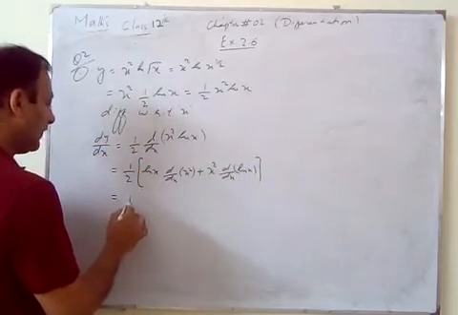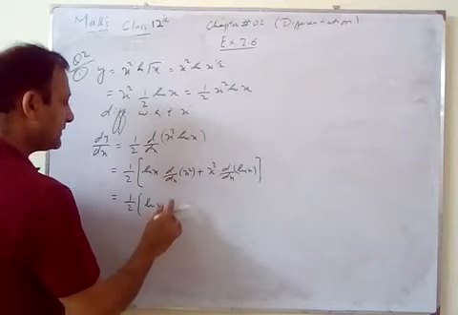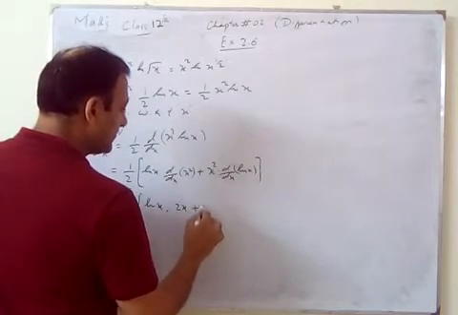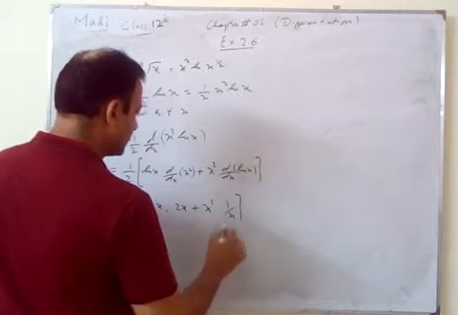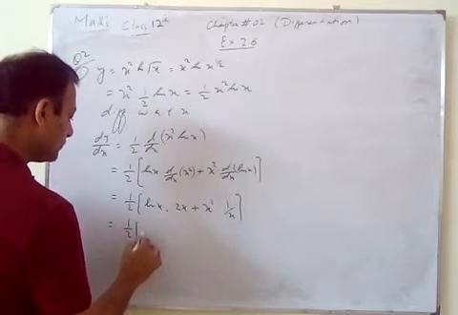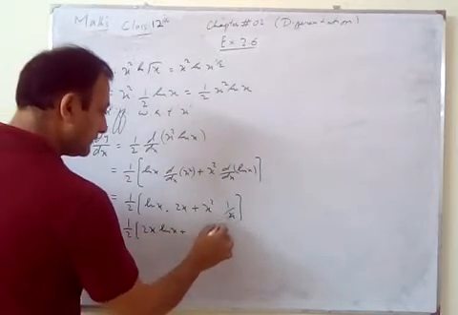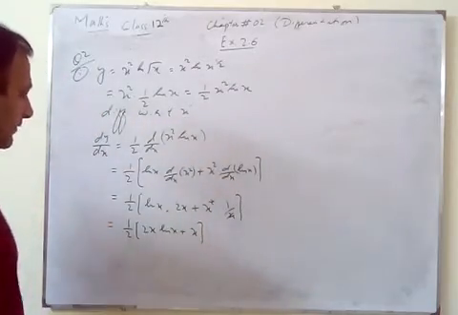So here 1 over 2, log of x into 2x plus x square, and the derivative of log of x is 1 by x. So 1 over 2 into 2x log of x plus x. So this is our answer.